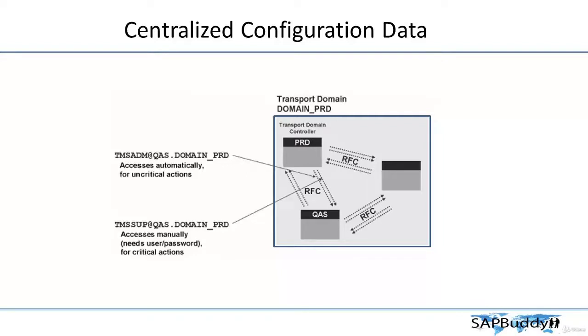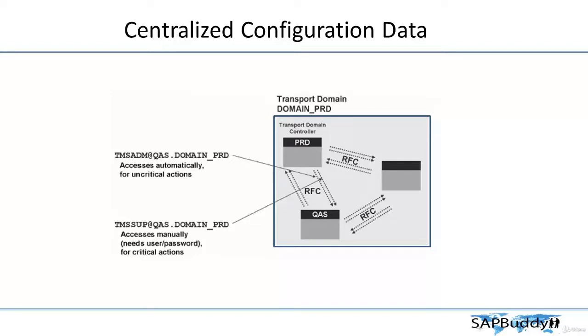In that case, the standard user which has been created, TMSADM, may not have authorization to schedule an import in a different system, because this RFC and user are created for the distribution of the configuration only. So the system will use a different RFC, TMSSUP, where you have to specify a user ID and password which have more authorization than the distribution, for example, scheduling a background job or importing the TRs.